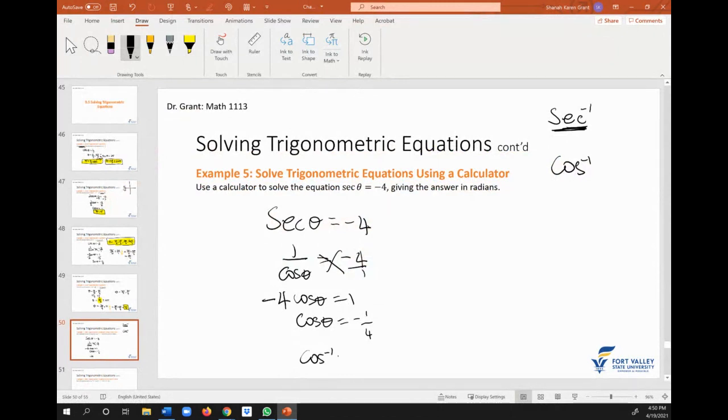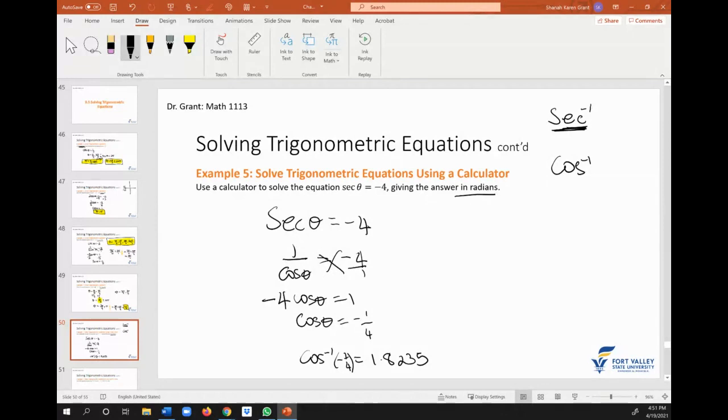So we see that cosine inverse of -1/4 is 1.8235. Depending on your mode for your calculator, be sure that it's in the correct mode. And in this instance, there was no restriction on where theta should be.